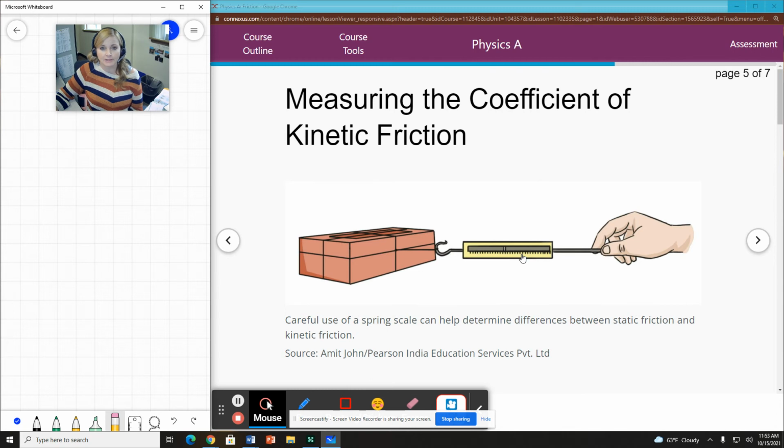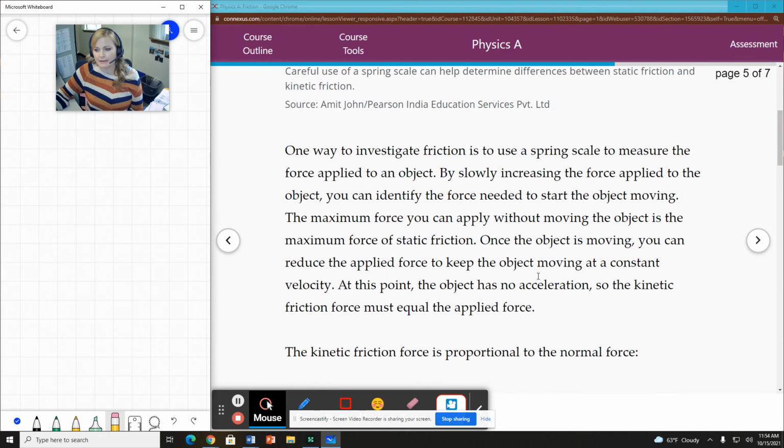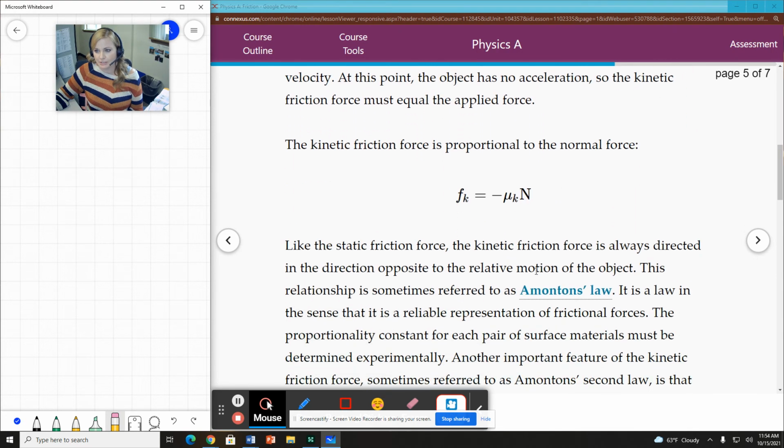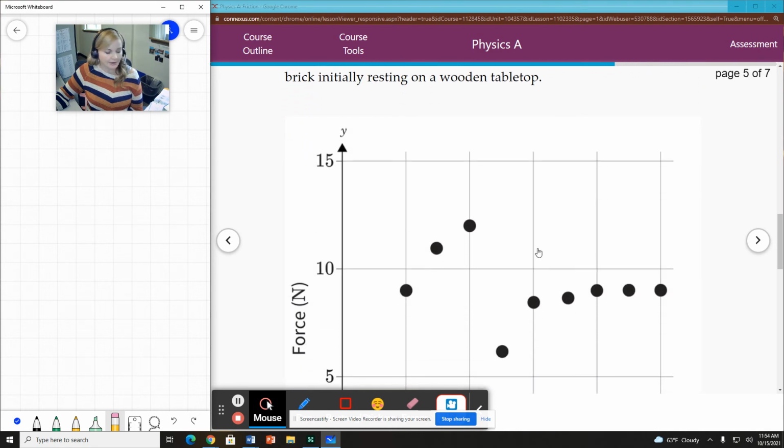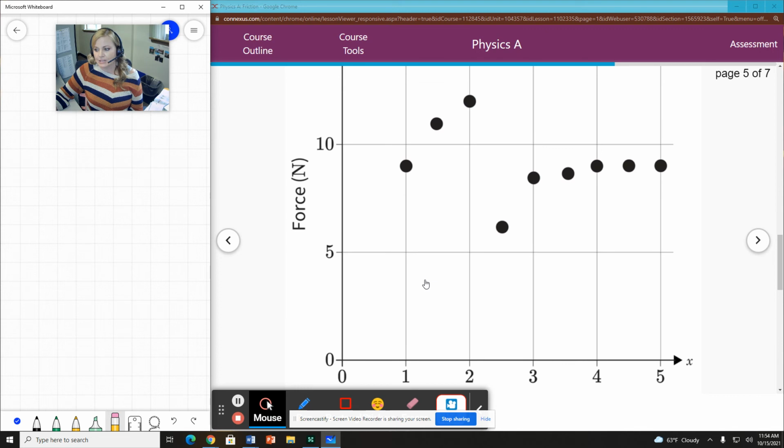It'll have a higher force, like a greater amount of newtons, right? So you can keep pulling and pulling and pulling on it up to a maximum point, and the maximum amount that you pull on it before it starts to move is considered our maximum static friction. That's what that is.